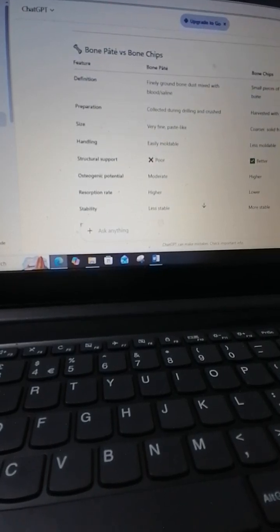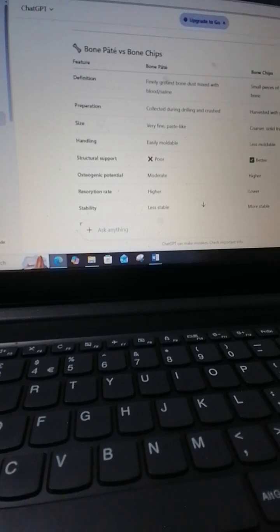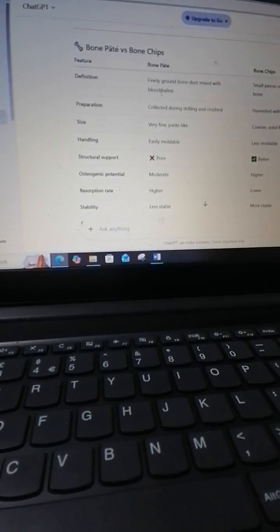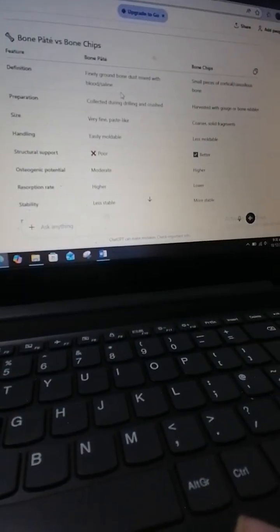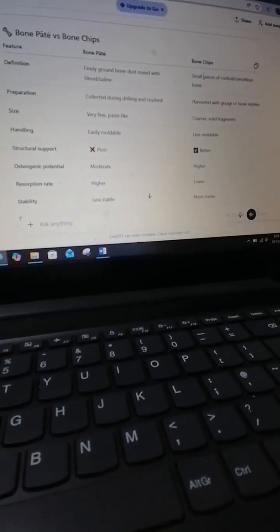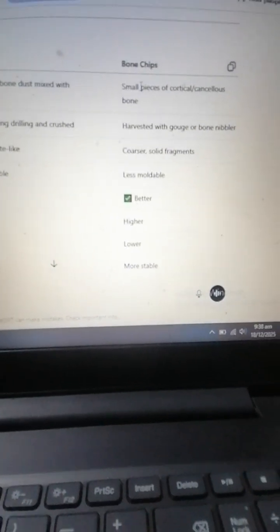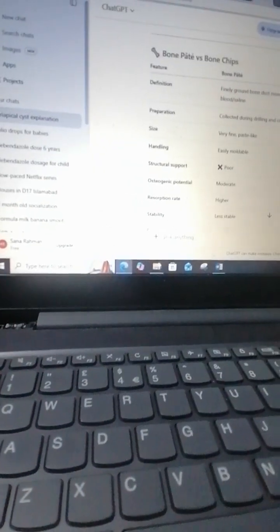Bone pate is finely ground bone dust mixed with blood or saline, as I told you, and bone chips are small fragments of cortical or cancellous bone.